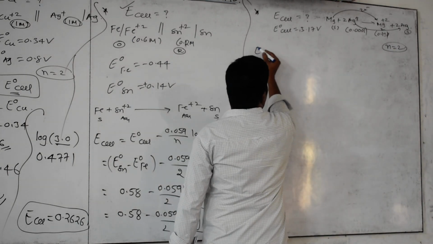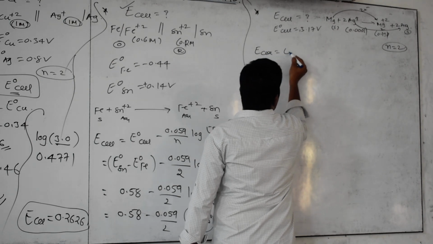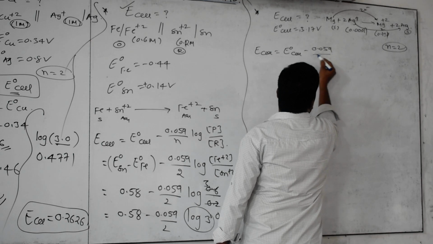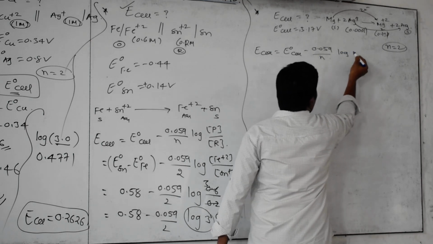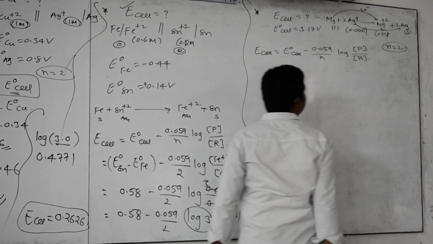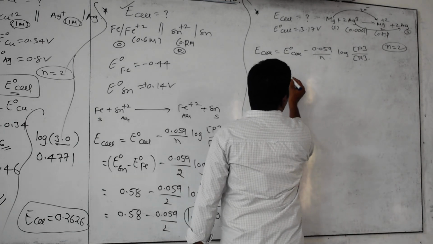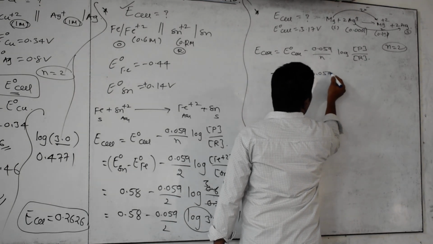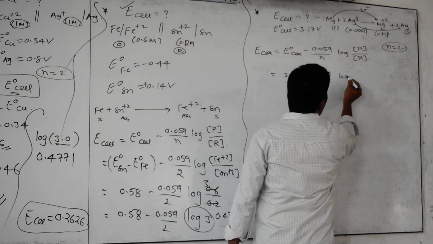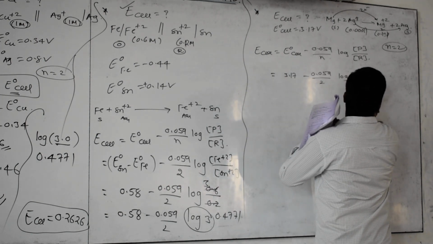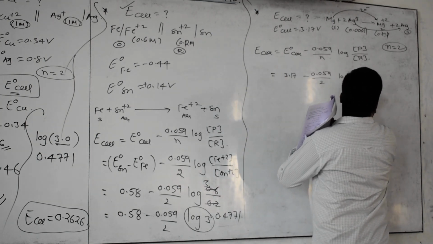EMF of this cell is equal to standard EMF of this cell minus 0.059 by n into log of the concentration of the product ions by the reactant ions. The standard is already given, 3.17 minus 0.059 by 2 into log of the products, Mg plus 2, that is 0.13, by the reactant.